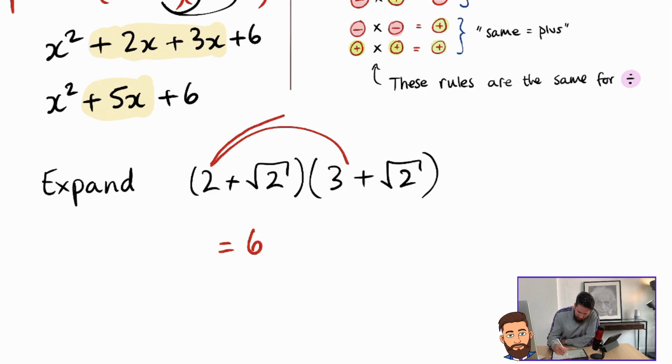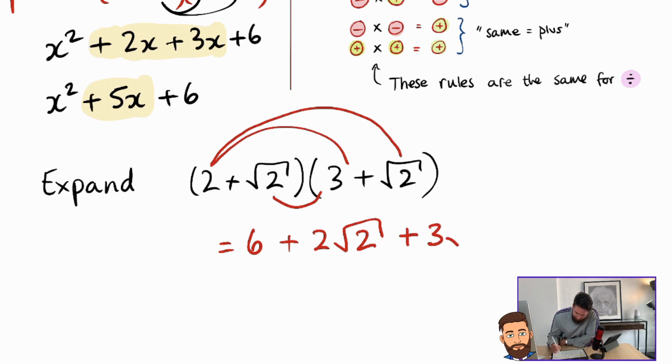Now we're going to do 2 times root 2. Well, we've seen this in the previous examples. 2 times root 2 can be just written as plus 2 root 2. Then we're going to do 3 times root 2, which again we've seen can be written as 3 root 2 without the times sign.